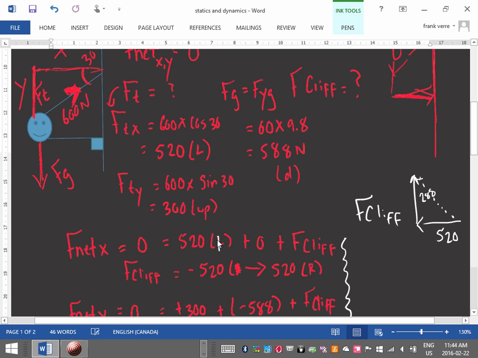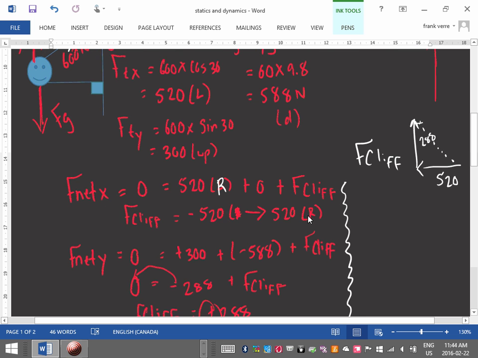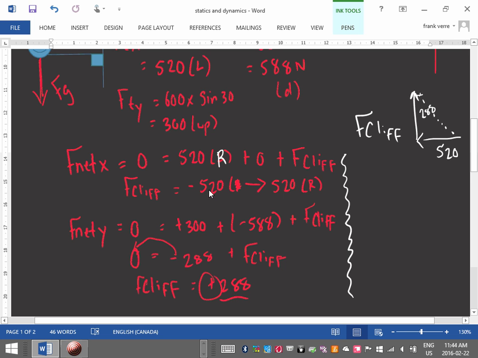This is to the right. It's pointing this way. So the cliff would actually be the opposite way. So it would be to the left. Thank you. Okay. So that's to the left. Alright, so left and up.